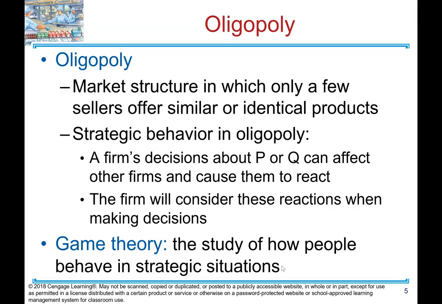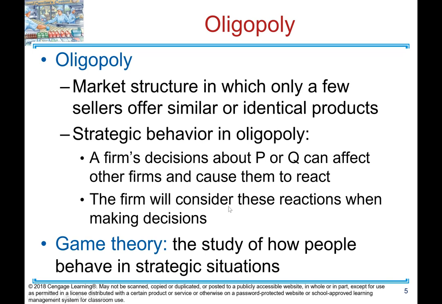Oligopoly is defined as the market structure in which only a few sellers offer similar or identical products. Strategic behavior in an oligopoly. A firm's decision about price and output can affect other firms and cause them to react.